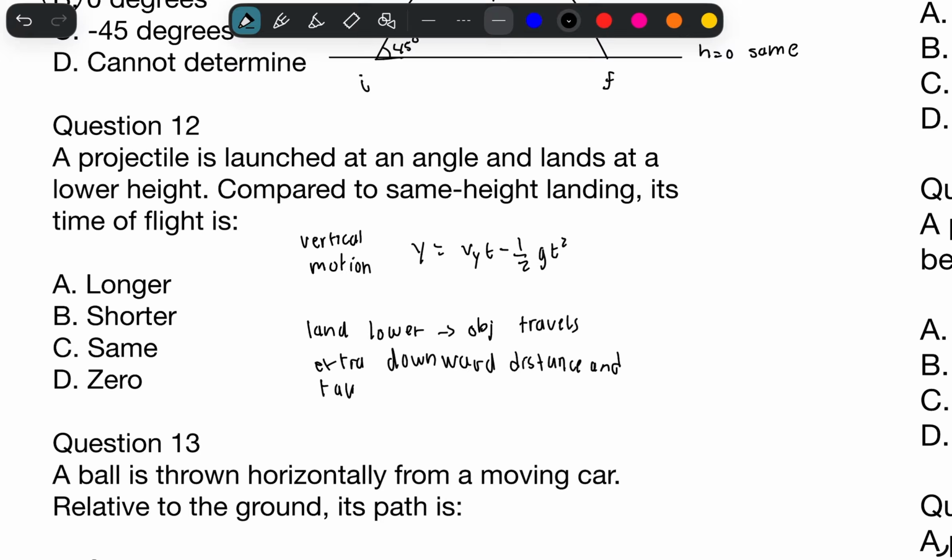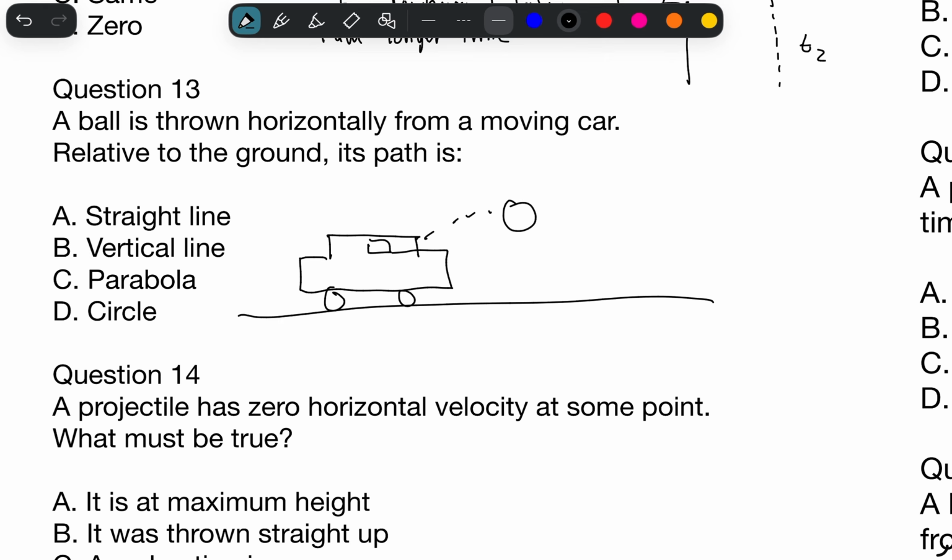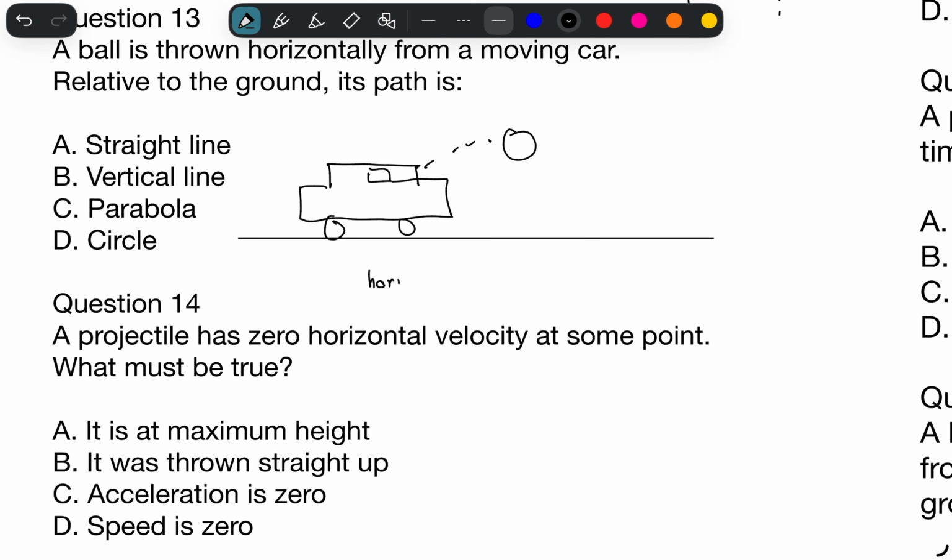A ball is thrown horizontally from a moving car. Relative to the ground, its path is going to be what? Our car is moving, and we're going to throw the ball. And our ground is here. Well, our horizontal motion, we're going to have a Vx horizontal motion that is going to be constant.